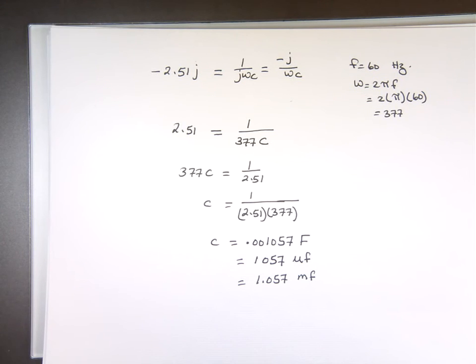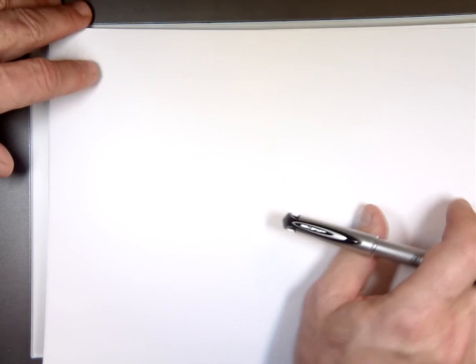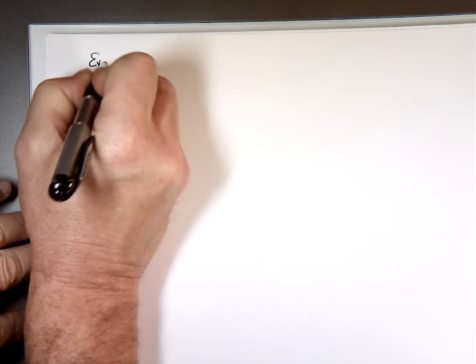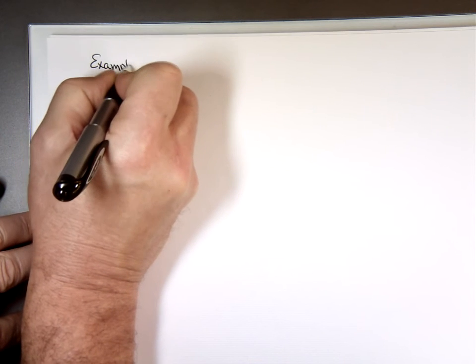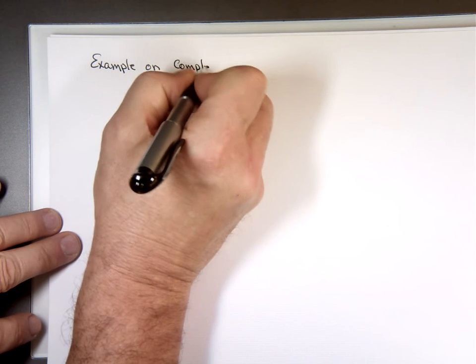So let's look at that one. This is an example, nothing to do with power factor correction, just one example, that's plenty. But an example on complex power.